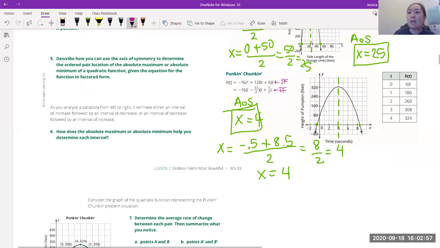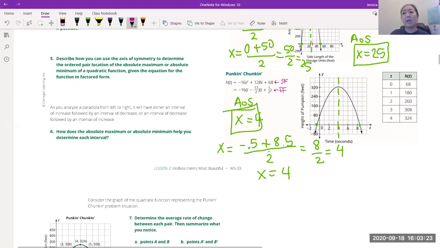Okay, and we also had tried this in class with the root formula, using the roots for the AOS formula. And so that was this -0.5. I don't know if you remember the points from the last time we met, but we found these points here. So 8.5 here. Some people would be wondering, well, what if it's negative? Does it still work? Or do I need to make it positive?